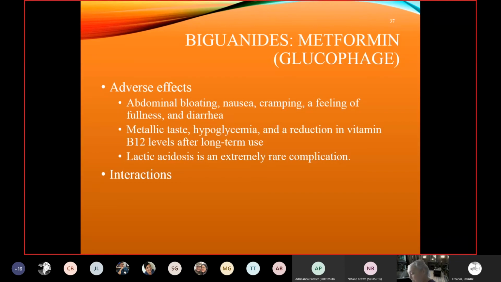So metformin might interact with cimetidine, diuretics, so any medication that increases urine production, corticosteroids, and of course contrast media. So that's an important point, guys. If a patient is on metformin or glucophage and they're having any kind of imaging that requires contrast, they have to stop taking their medication for 48 to 72 hours before the test.